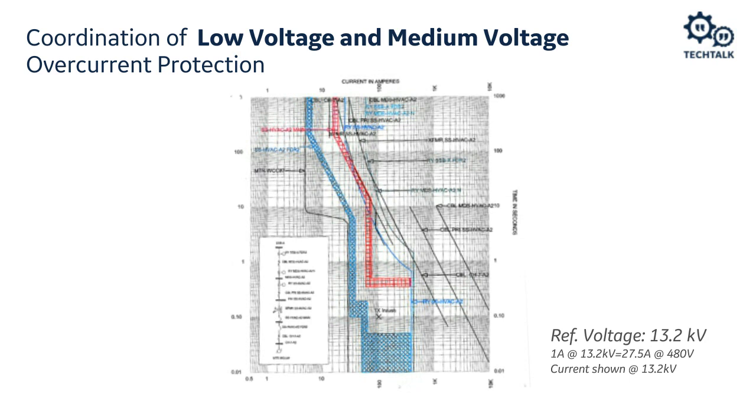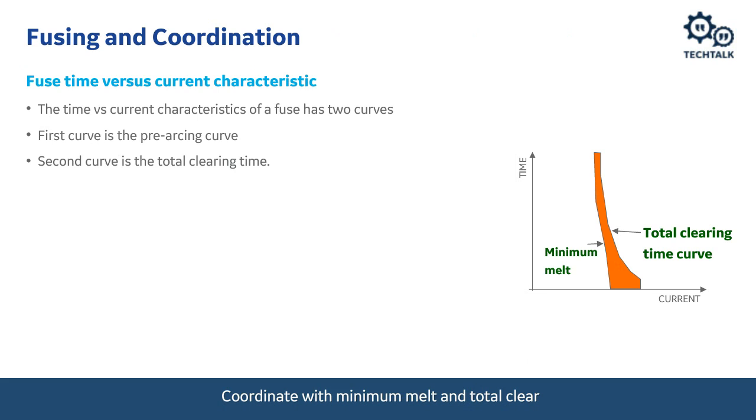So let's look at some of these mechanisms and curves. One of the things we often will have to coordinate with is fuses. If you look at the fuse curve I show here, it looks very different than the curves we've been talking about up until now. The reason it looks a little bit fatter is that it has a minimum melt and a total clear associated with it.